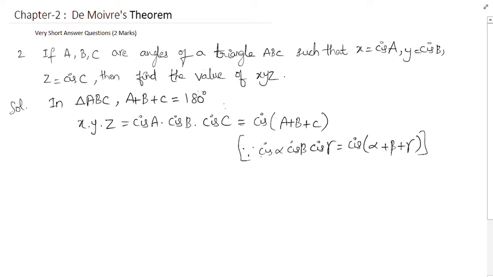Okay, so if you remember this formula, then it will be easy for you.